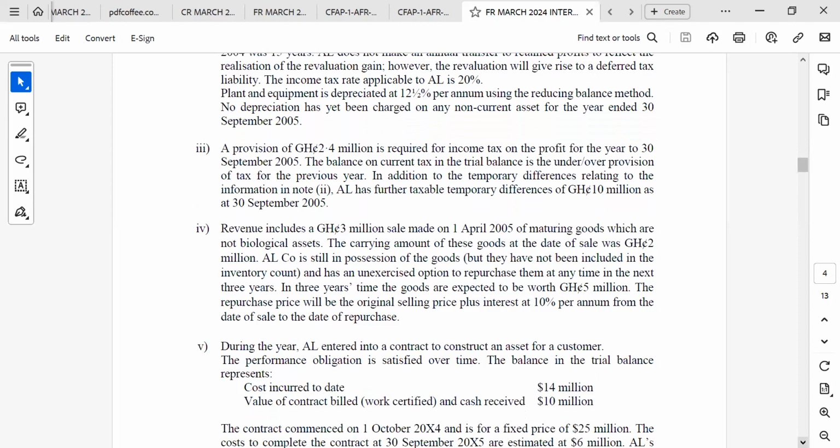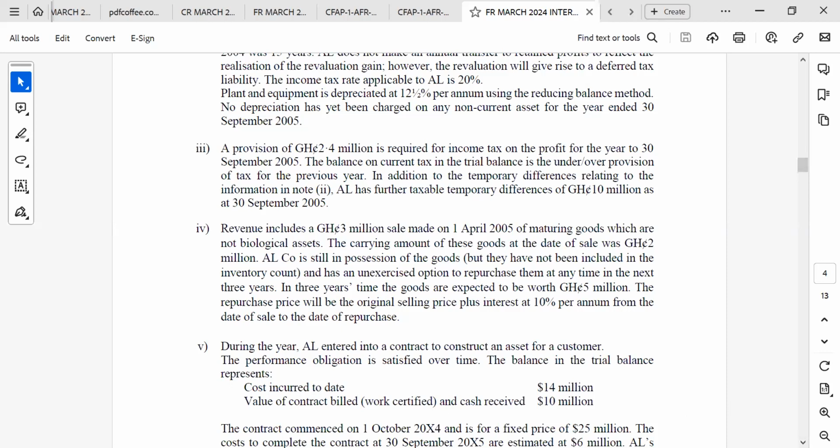IV. Revenue includes a 3 million sale made on 1 April 2005 for maturing goods which are not biological assets. The carrying amount of these goods at the date of sale was 2 million cedis.